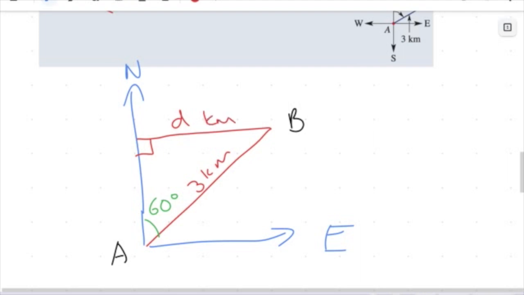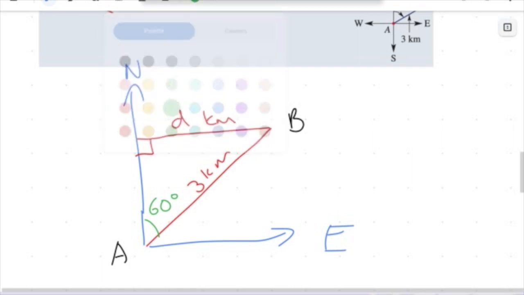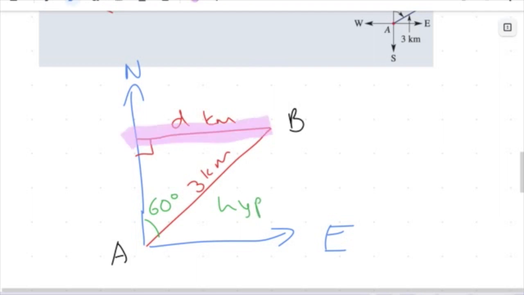Now we are using our right angle trigonometry, because what side is this 3 kilometers in our triangle? Well, it is the side opposite to our right angle. So it's the biggest side. This is the hypotenuse. And the side D we're after is going to be, you can see here, opposite to my 60 degrees.